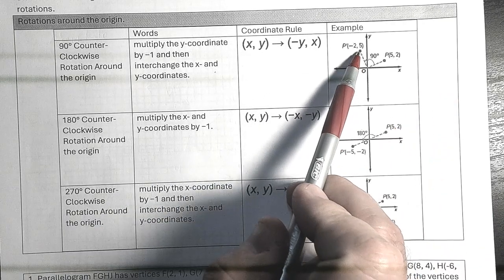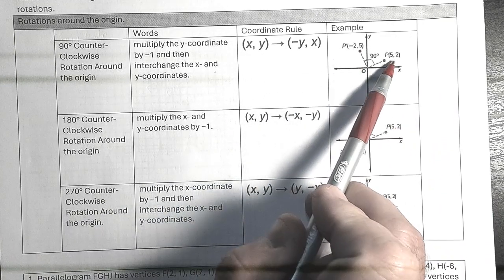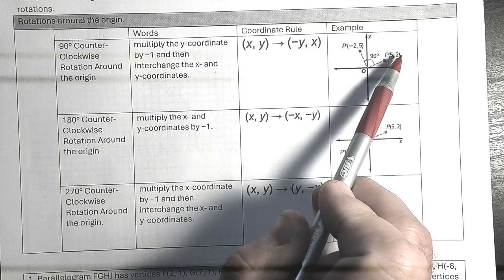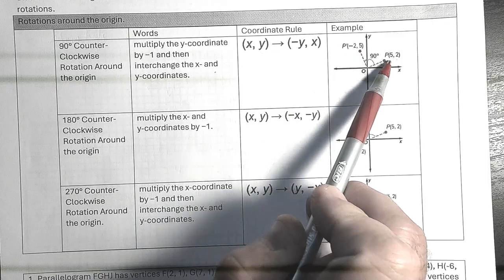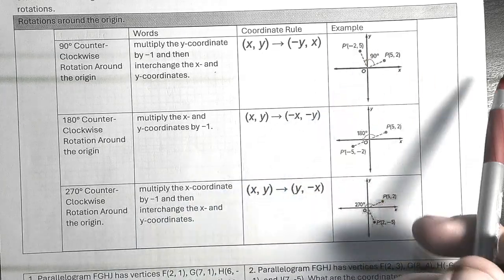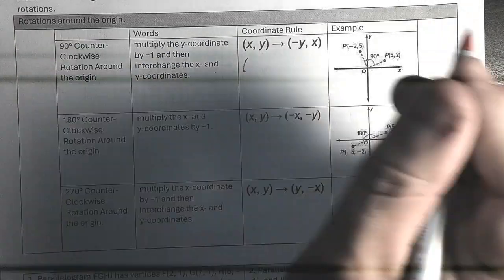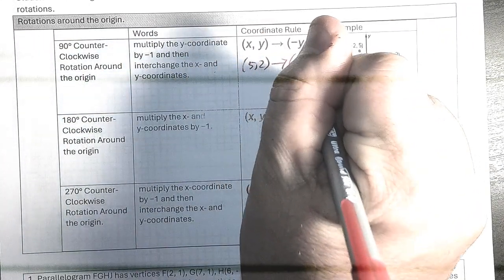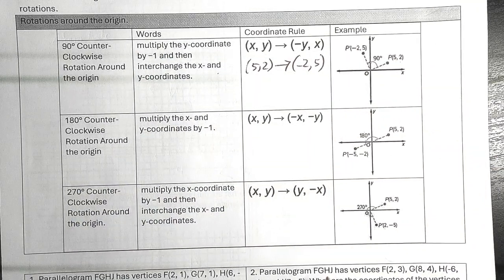Over here where it rotated, the x is -2. So we take the opposite, or multiply the y-coordinate by -1, and then the x, the 5, goes to the back. It looks a little better when we write it here. So 5 comma 2 becomes -2 comma 5. I like it a little better that way.